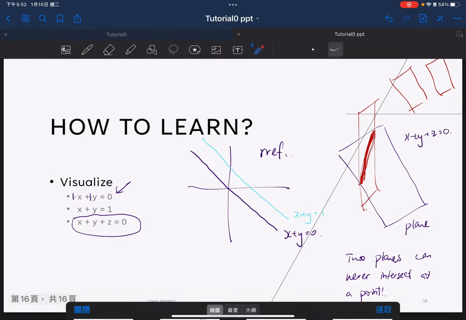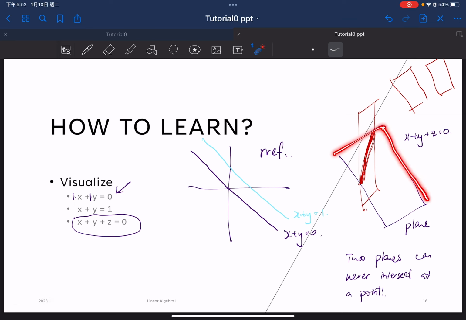If you have 2 equations which correspond to 2 planes in a 3-dimensional space, which has 3 variables, you can never have a unique solution. You can never have an intersection of only 1 point, which you can see. So visualization really turns difficult theorems into easy to understand things, which you can remember in your mind. And you can remember even the generalization of them.